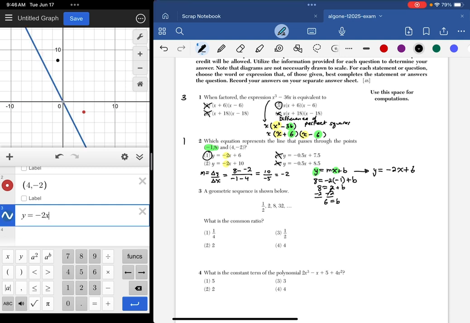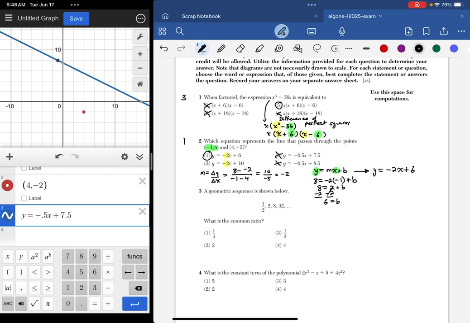I would probably start off with the first choice and just see if it passes through the 2 points. Like if I thought it was negative 2x plus 10, it misses the points. If I thought it was negative 0.5x plus 7.5, it gets one of the points but not the other point. Right? It's got to get both.